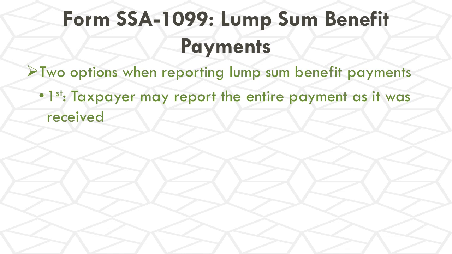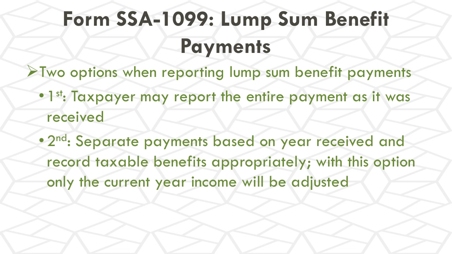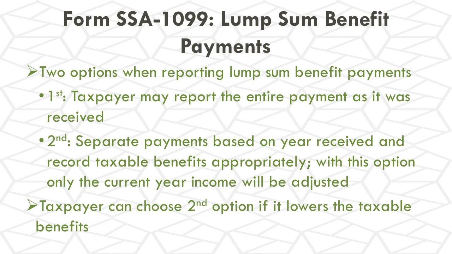First, the taxpayer might report the entire payment as it was received in the current tax year, or they might separate out those payments based on the year received and record taxable benefits appropriately. So it will tax them according to whatever their situation was for that year. Taxpayers can choose that second option if it lowers their taxable benefits and thus provides them with a lower tax liability.